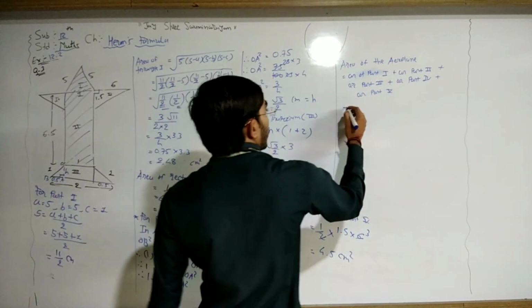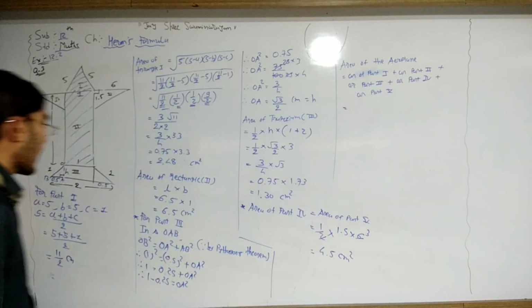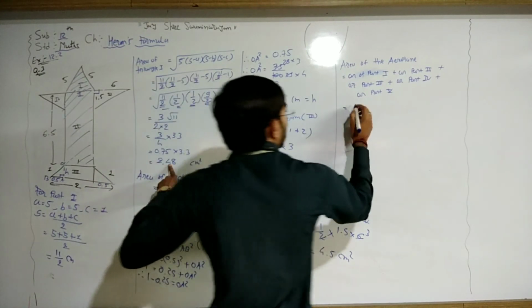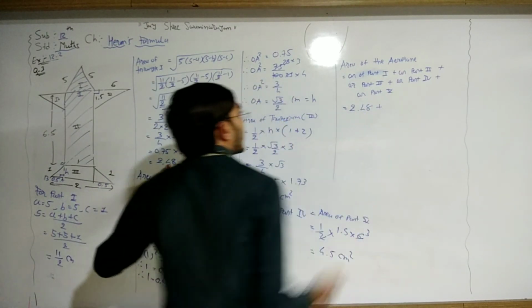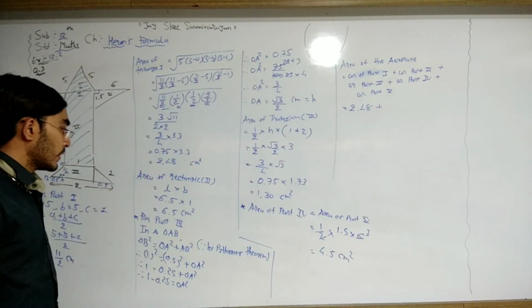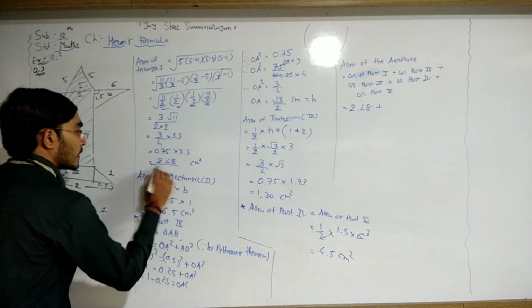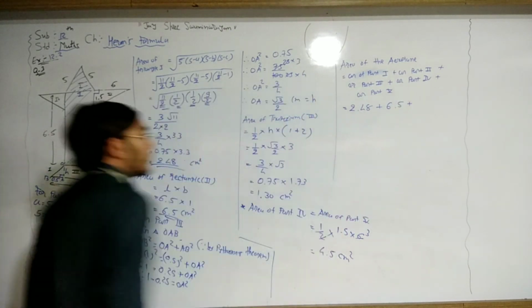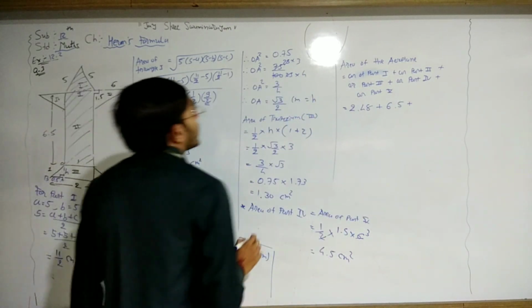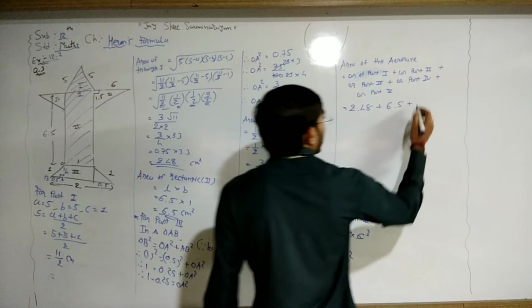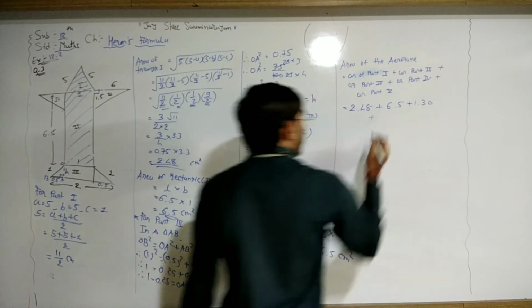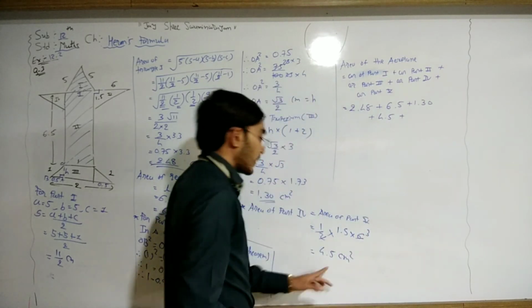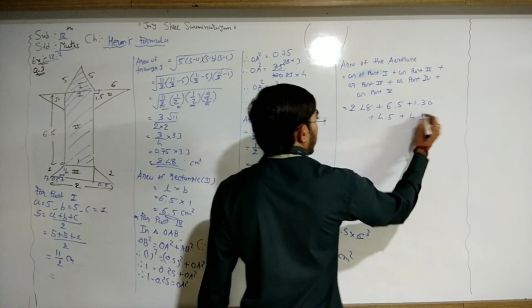Okay, so first of all, area of part 1 is 2.48, plus area of part 2, 6.5, plus area of part 3, 1.30, plus area of part 4, 4.5, plus area of part 5, it is also 4.5.